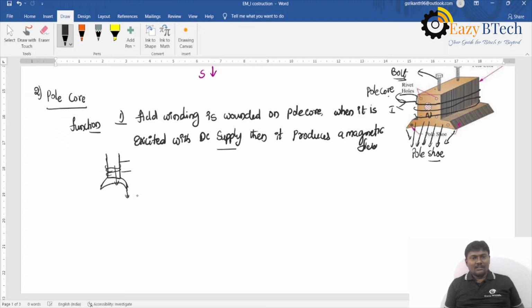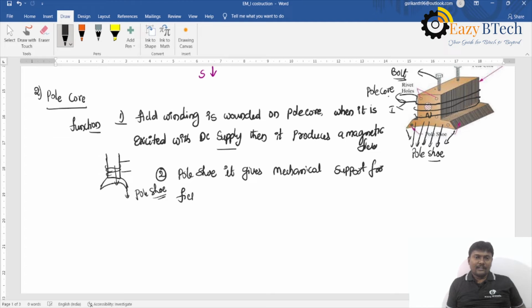For that, we provide mechanical support with the help of the pole shoe. So the pole shoe gives mechanical support for the field winding.